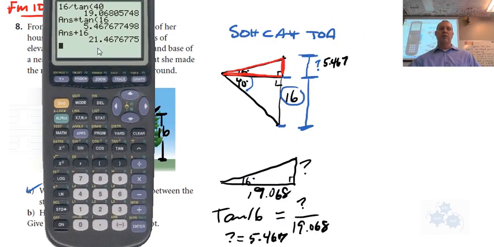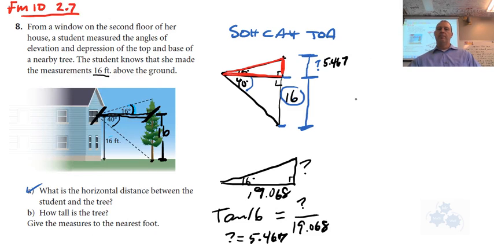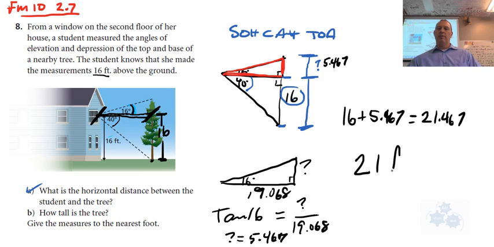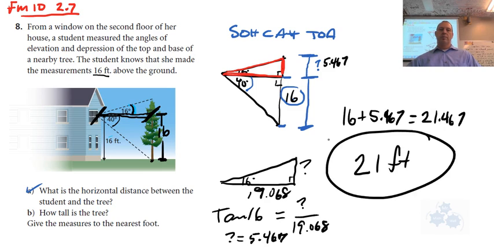To the nearest foot, so 21 feet. Okay, so 16 plus 5.467 equals 21.467, or 21 feet. And that's your answer for B.